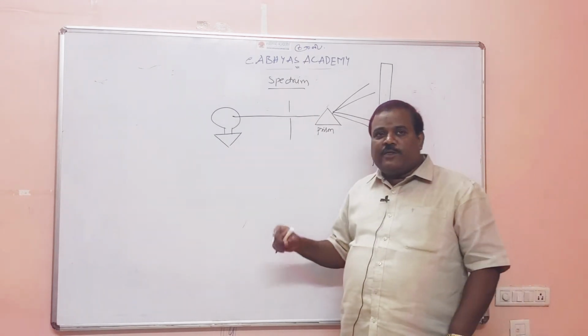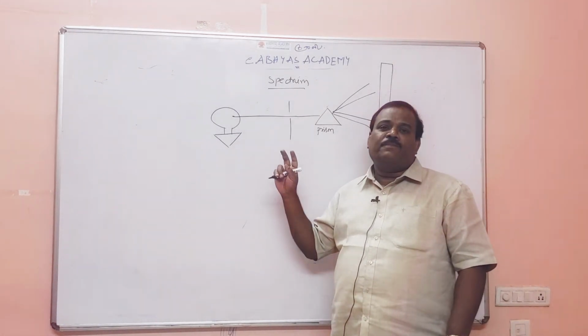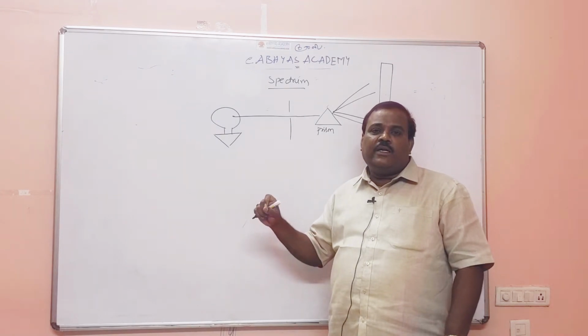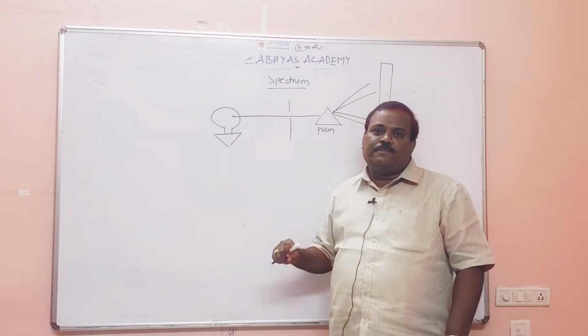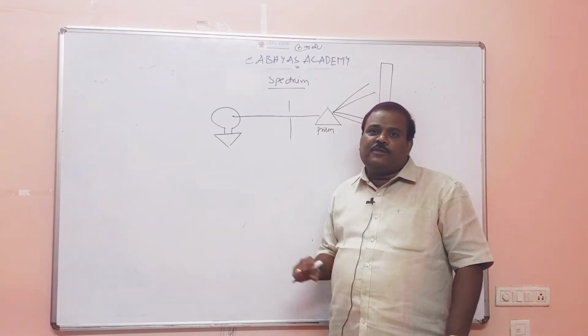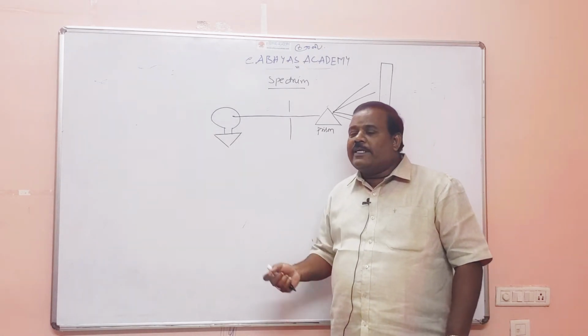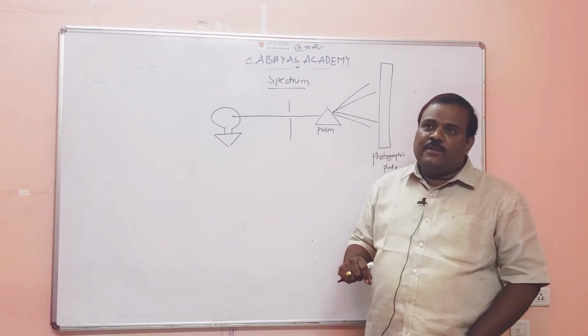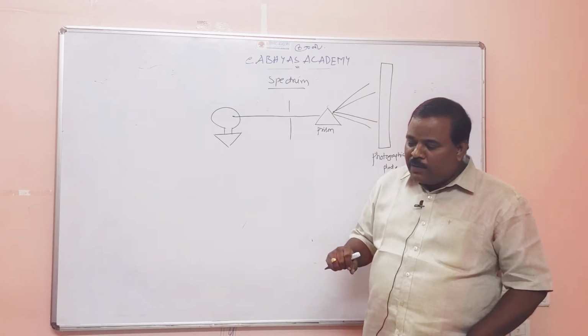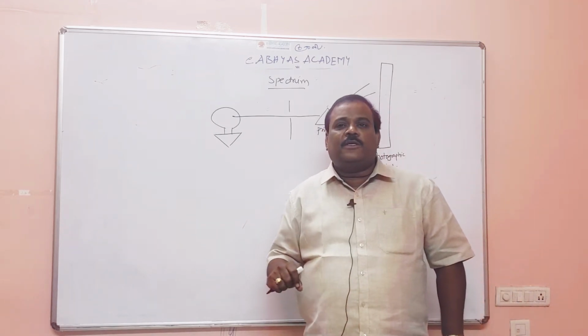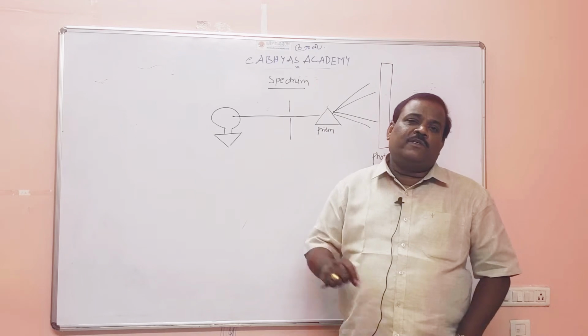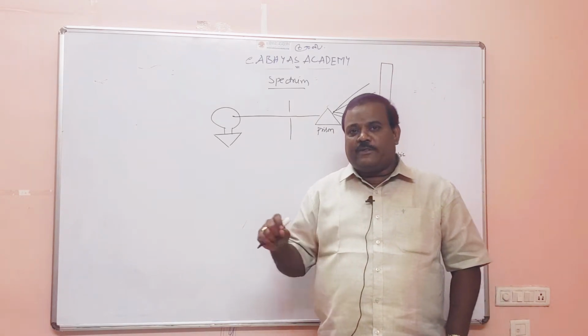Thus, as I already discussed, there are two types of spectrum, emission and absorption spectrum. This is about Bohr's theory. The next important point here is to overcome one of the drawbacks of Bohr's theory. One more model was proposed, that is called Sommerfeld's theory.